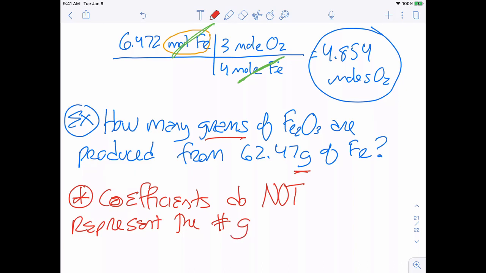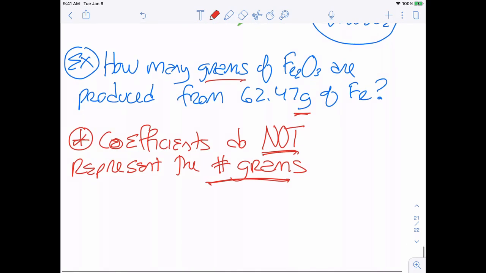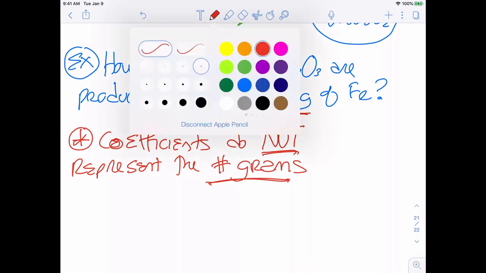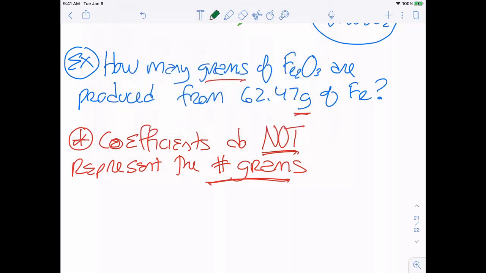They do represent the number of moles, but not the number of grams. So I can't go directly using my coefficients from grams of one to grams of the other, because they are never going to represent the number of grams. What I'm going to need to do first is convert from grams of one to moles, then use those coefficients, my mole to mole conversion factor, and then back to grams.